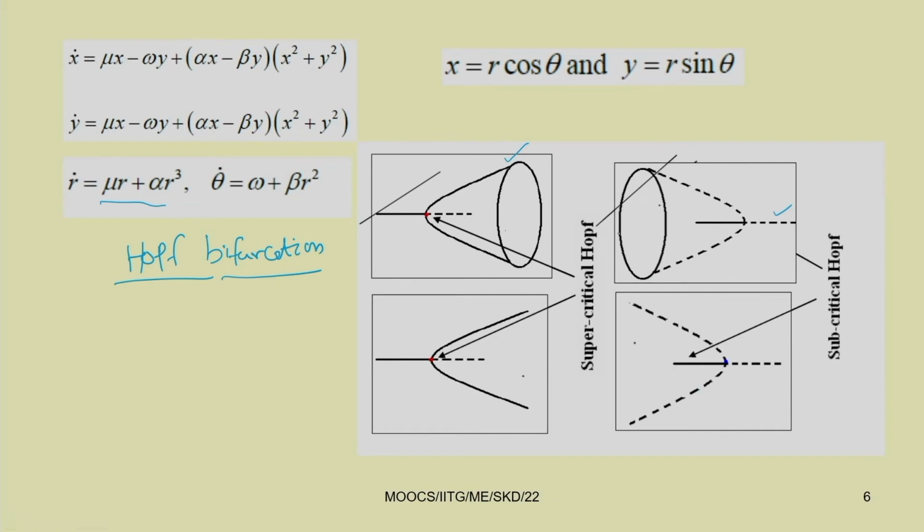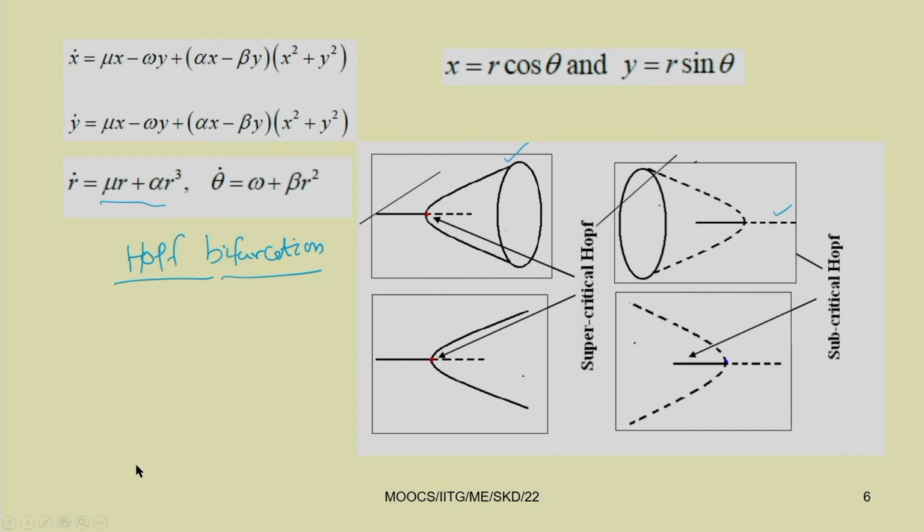Initially we have a stable periodic response and a stable fixed point response, and after bifurcation it yields an unstable fixed point response. In this case, the response is known to be subcritical Hopf bifurcation.